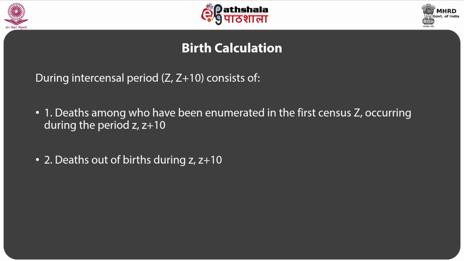Birth calculation. During the intercensal period z to z+10, deaths consist of 1, deaths among those who have been enumerated in the first census z occurring during the period z to z+10, and 2, deaths out of births during z to z+10. Intercensal death calculation.